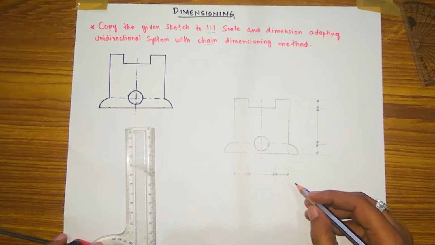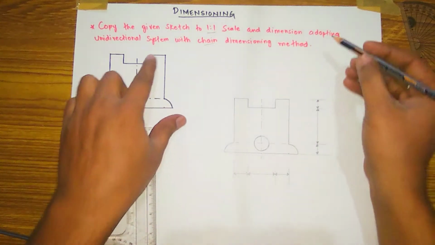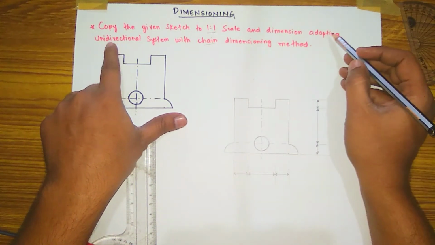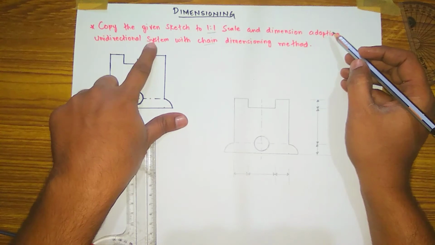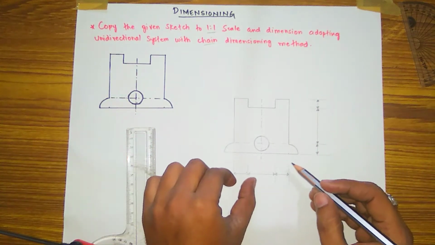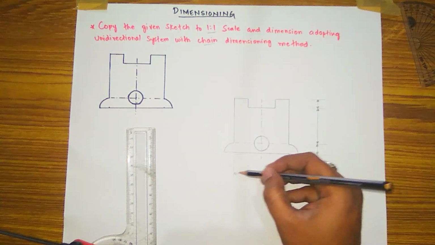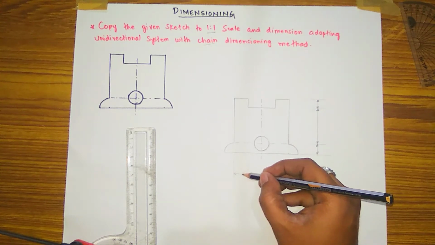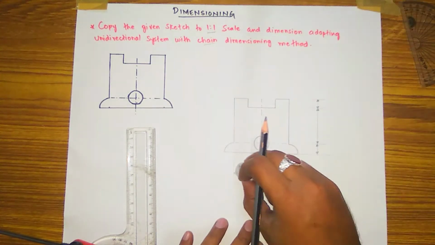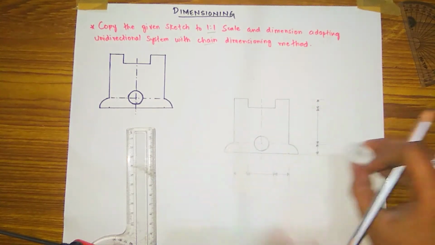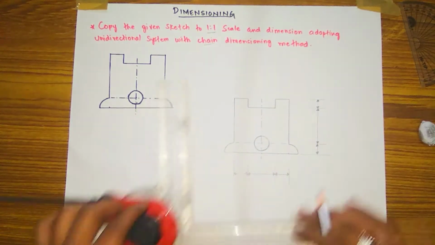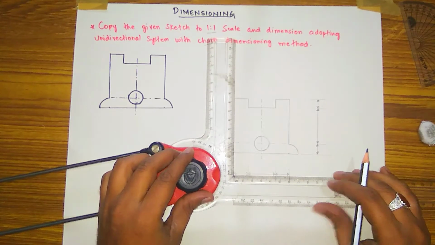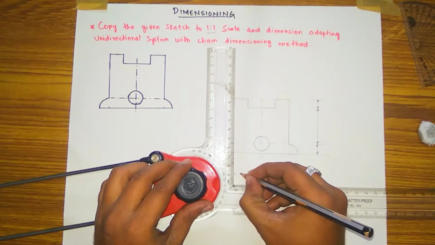After doing the chain dimensioning, you have to see the system in the question: adopting unidirectional system. Unidirectional system means for the dimensions you have drawn, you have to write the number in the middle of the dimension line. How much is it? Measure it. It is 15, so write 15 in the middle.